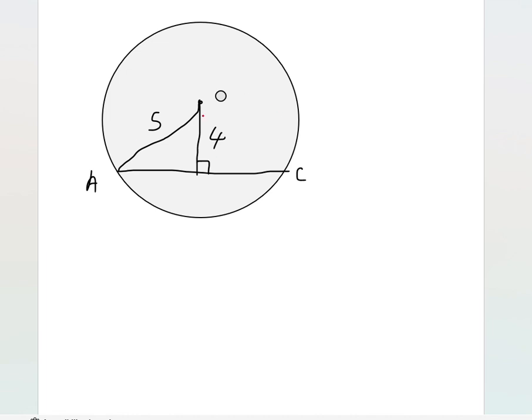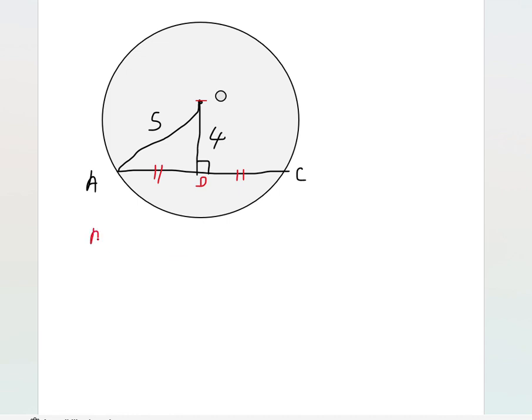What do we know about this theorem? Well, I can see that this line here is coming from the center and it's going perpendicular to the chord AC. By definition, it means that, let's say this is D here, AD must be equal to DC.